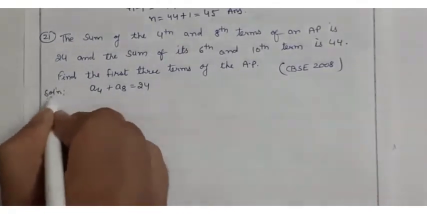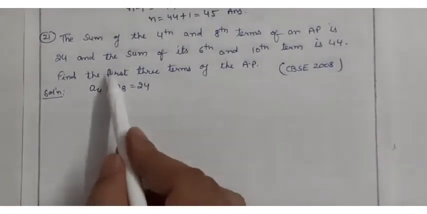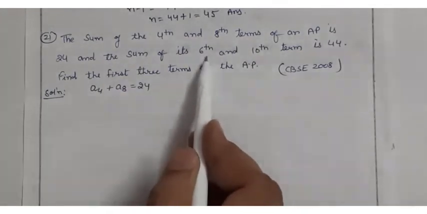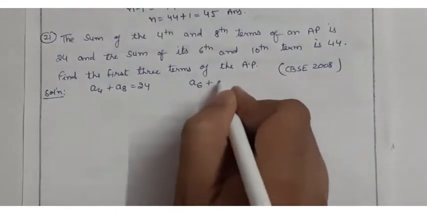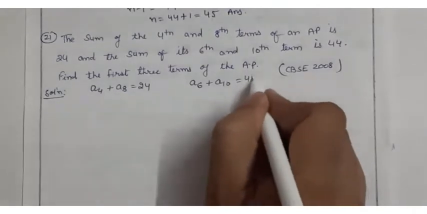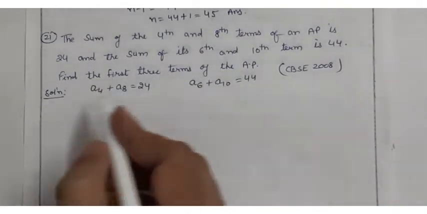Whatever is given in the question, accordingly you write it. Then you can get it easily. Then what is the second step? The sum of its 6th and 10th term, means A6 plus A10, is given to you as 44. And what you have to do? Find the first three terms of AP.